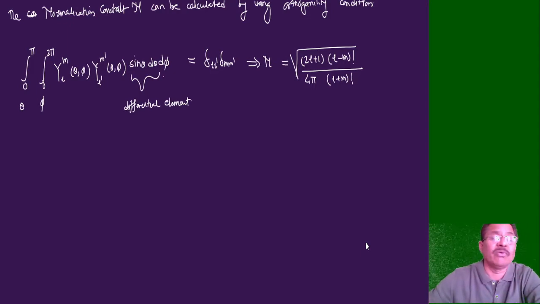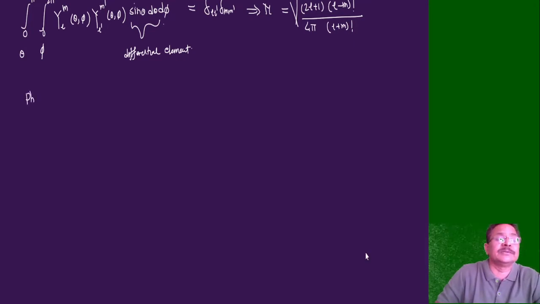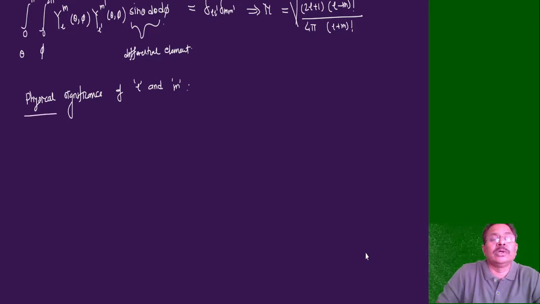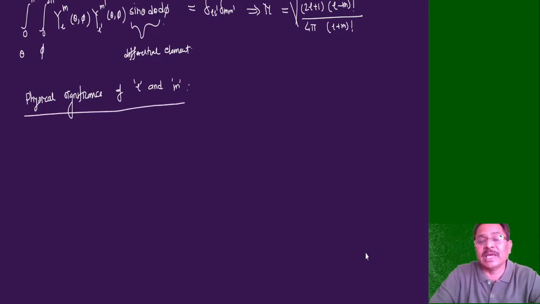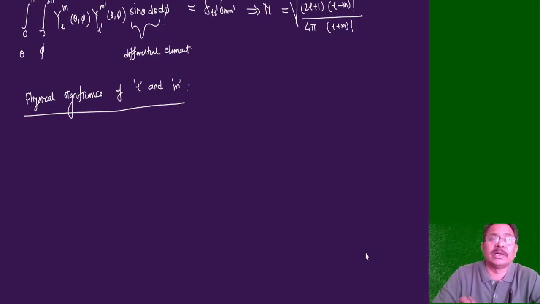So let's go for the physical significance of this small l and m which we have chosen earlier. We have discussed that L is related to the orbital angular quantum number and M is related to the orbital magnetic quantum number. So L and M, whatever we use in the vector atom model, are the same.